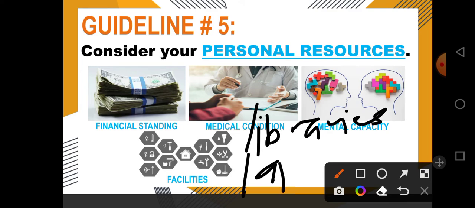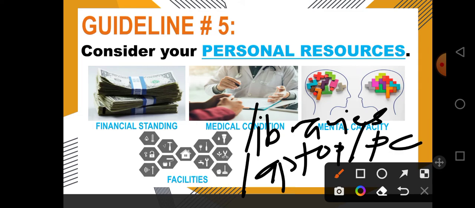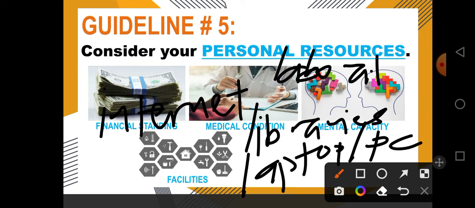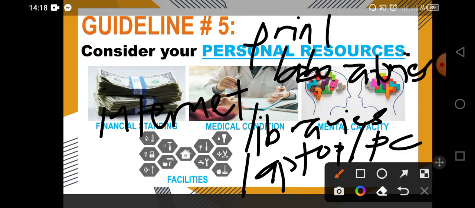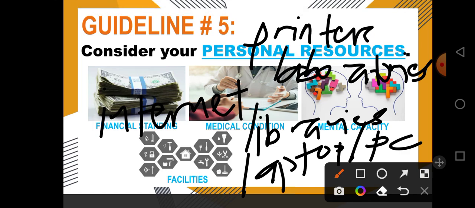Laptops, computers, internet connections, laboratories, testing laboratories, then printers so that you can print your manuscript.